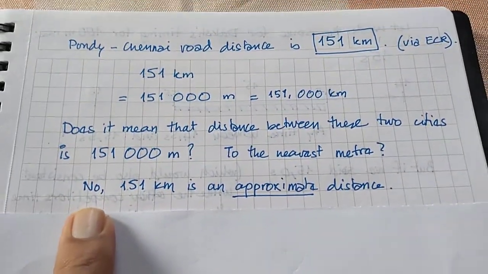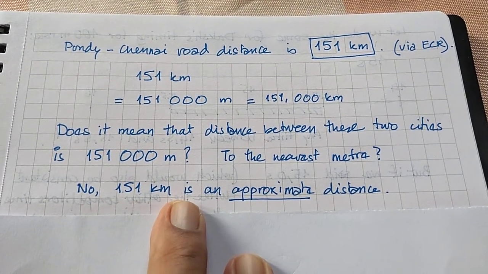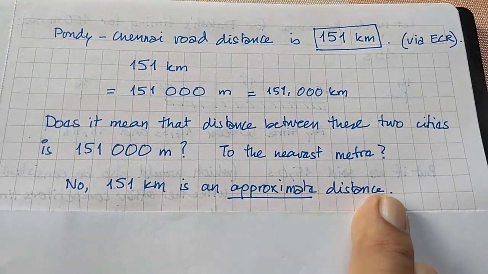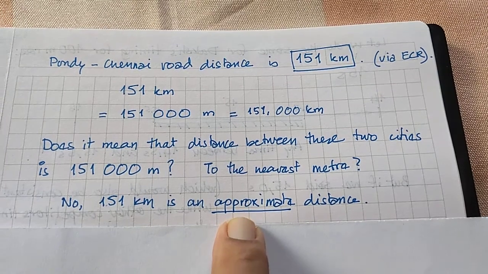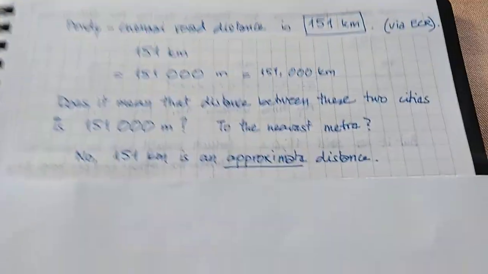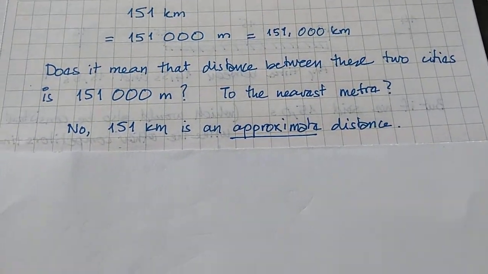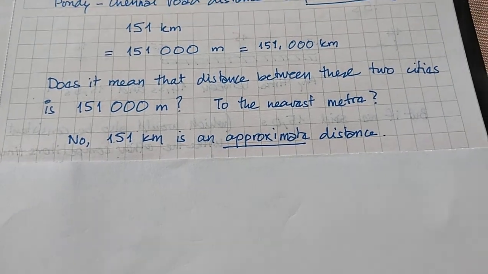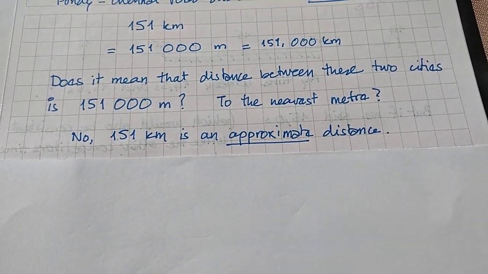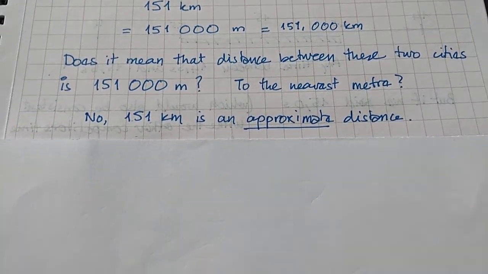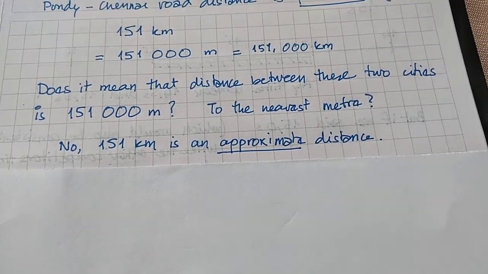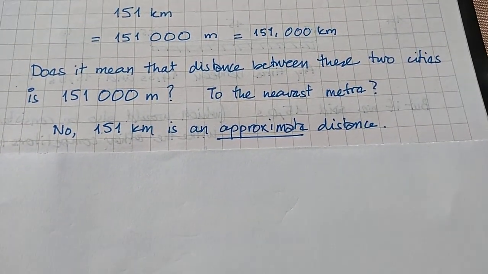So essentially what you are saying is 151 kilometers is an approximate distance. So all measurements are approximate. You can go as precise as you like, you can make them more and more precise, but every single measurement is finally an approximate distance.